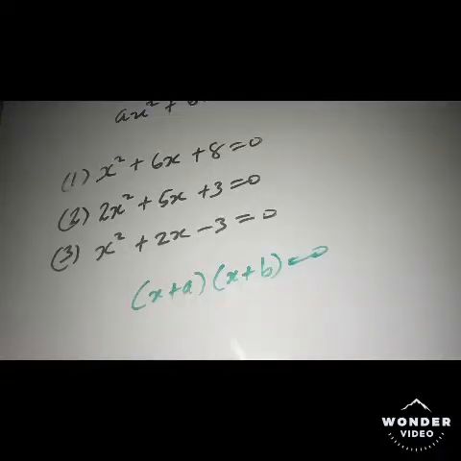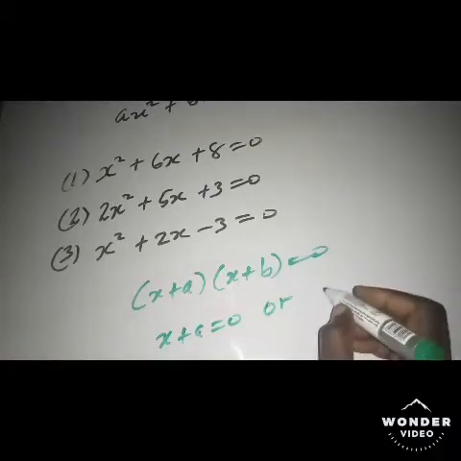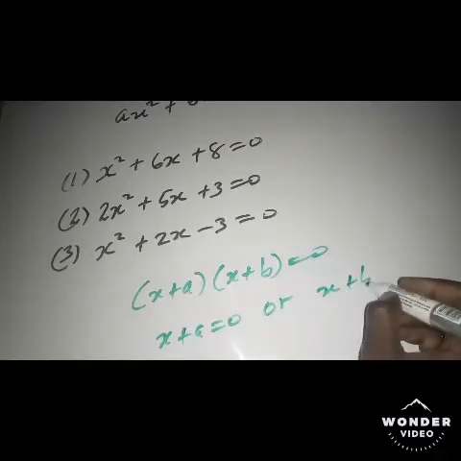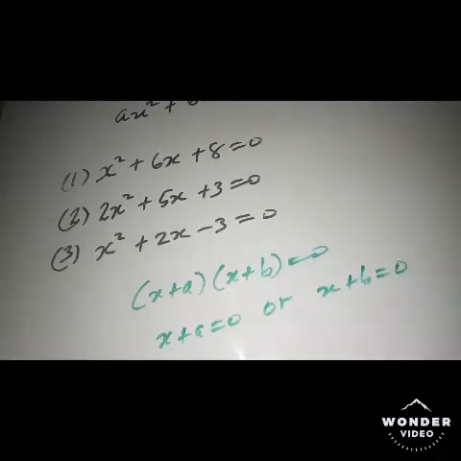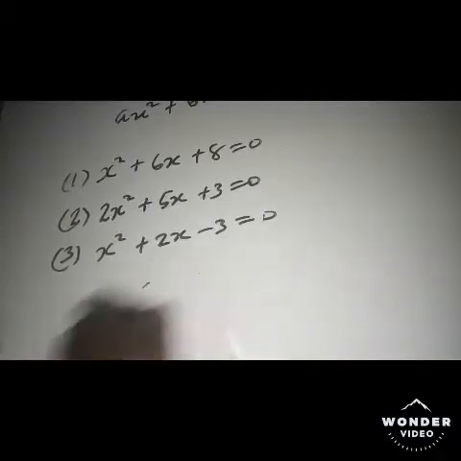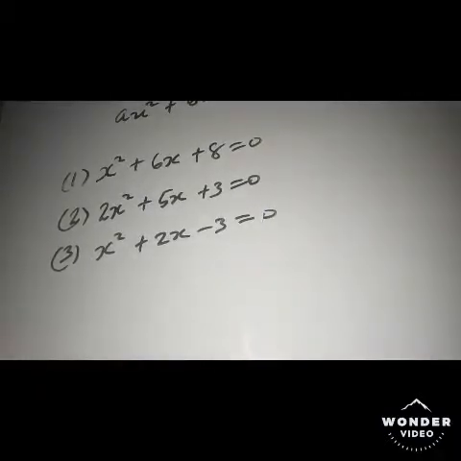These two factors are called linear factors, such that x plus a equals 0 or x plus b equals 0, which implies x equals negative a or x equals negative b. This is the same way we are going to solve each and every equation here. But first of all, the step-by-step factorization method has to be carried out.